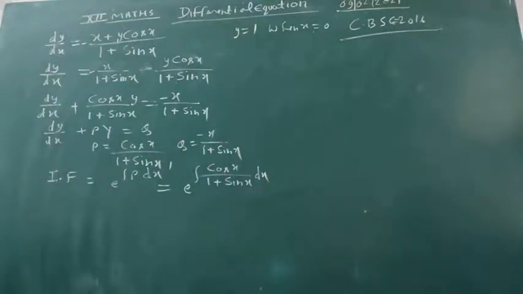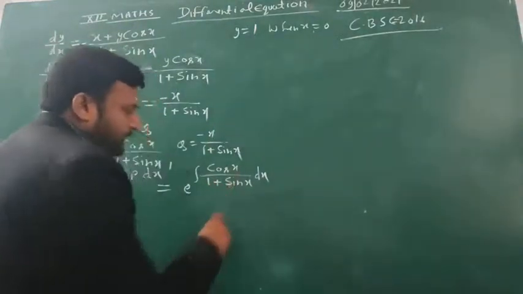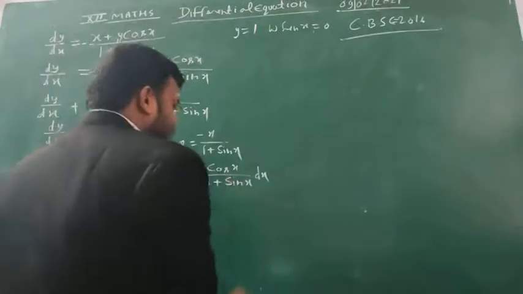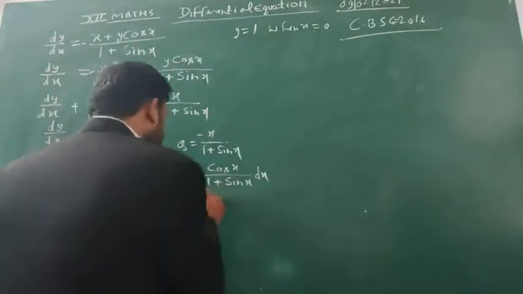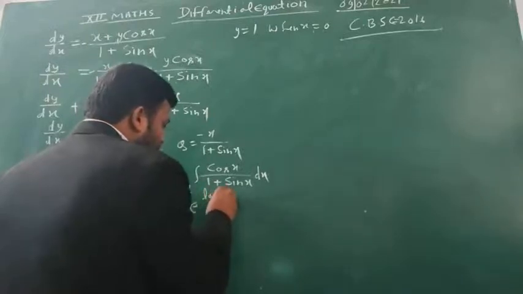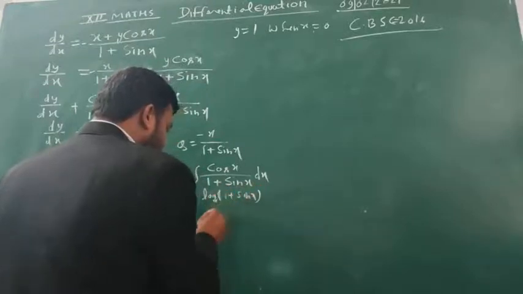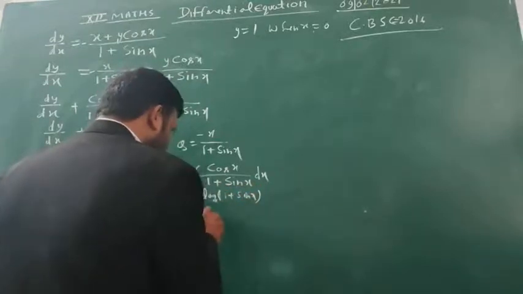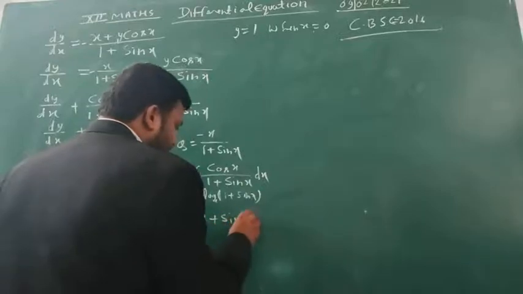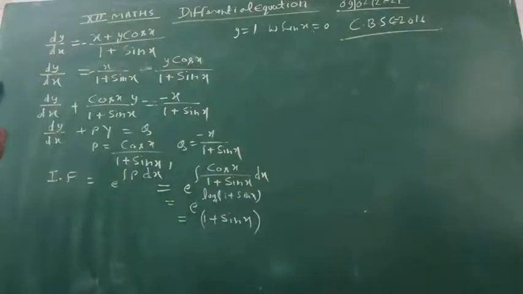We integrate this by taking 1 plus sin x as t, so cos x dx becomes dt, and we get e to the power log of 1 plus sin x. So our integrating factor is 1 plus sin x.